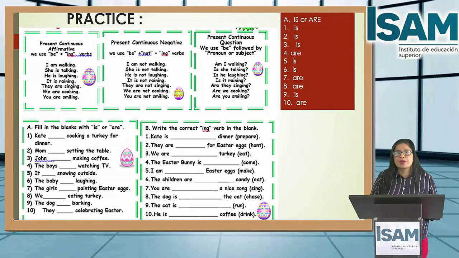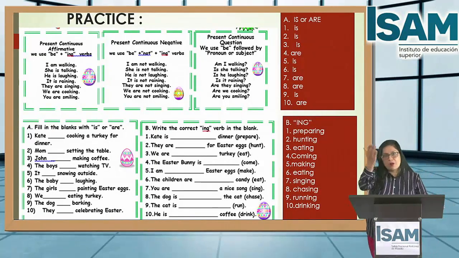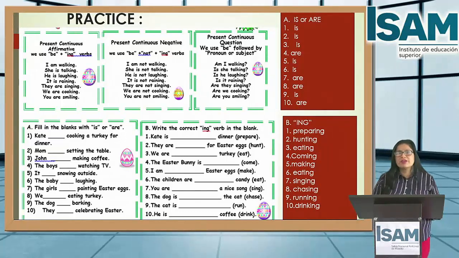Eat, okay, what happened with sing, chase, run? What happened with run? Let's check. You can compare your answer. Okay, very good. You have to practice as much as possible if you want to learn, yes?